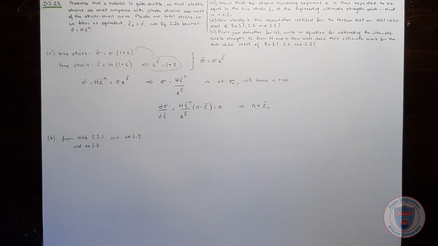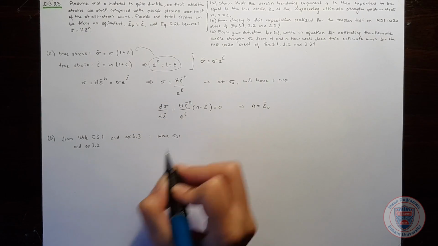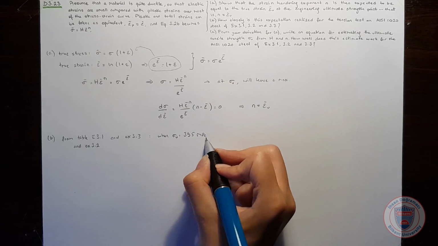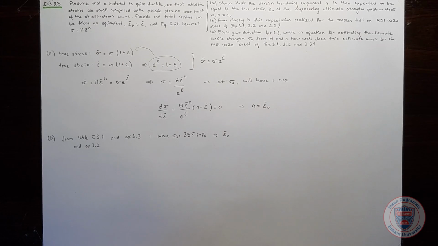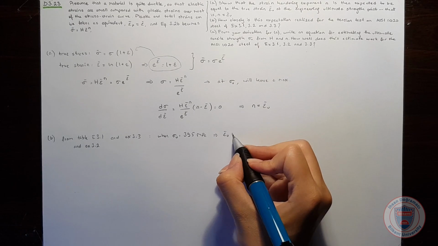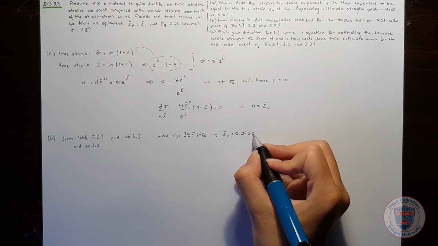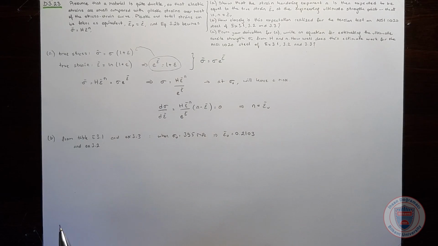According to these examples and tables, when sigma u is equal to 395 MPa, the true strain at the ultimate strength point will become 0.2103. You can find this data in the table E3.1.